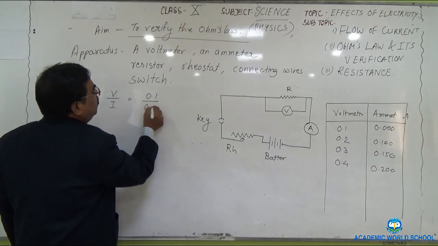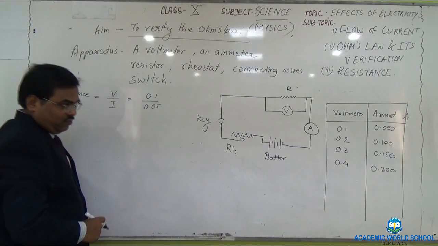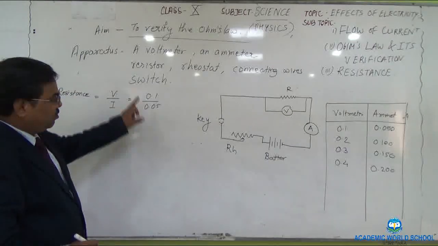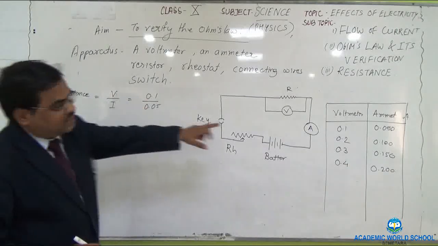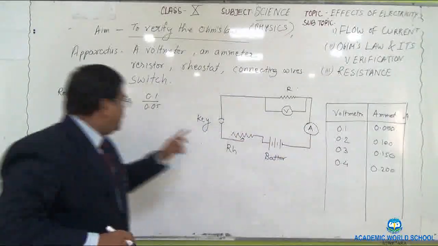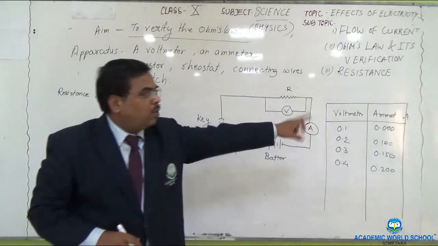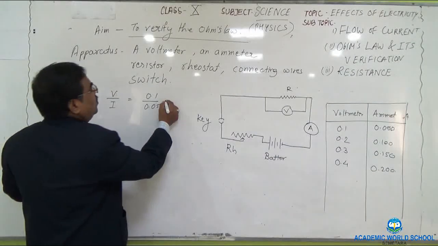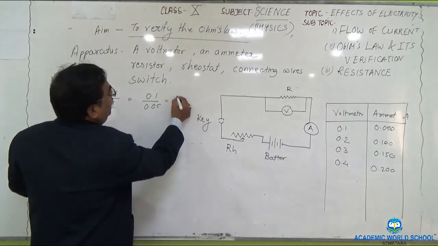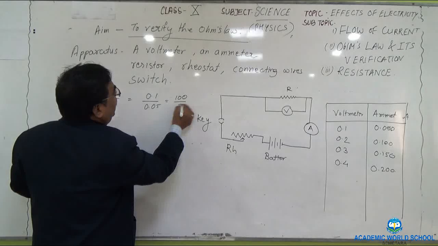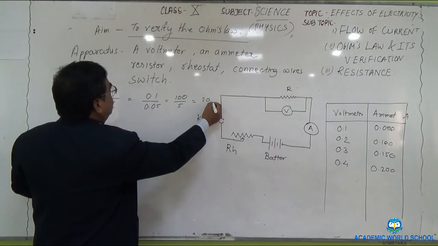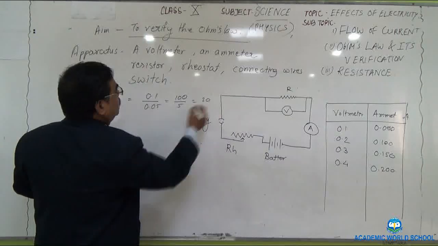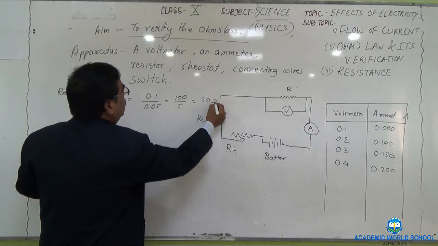For the first set of readings, the voltmeter reading is 0.1 and the ammeter reading is 0.05. So multiplying by 100 upon 5, this is 20 ohms.